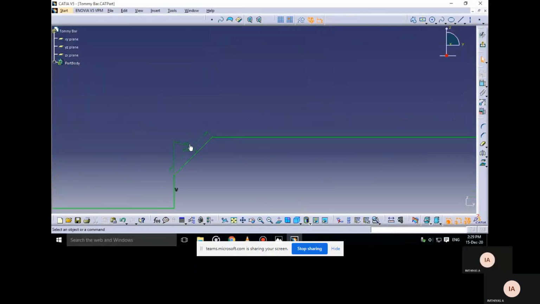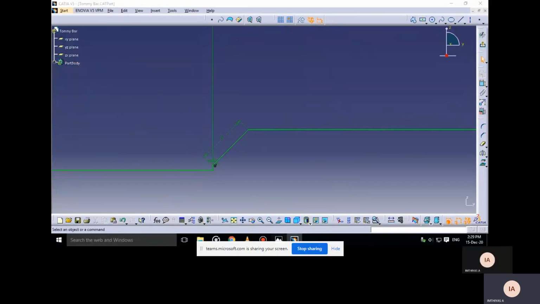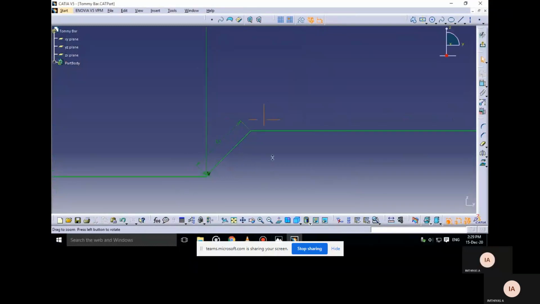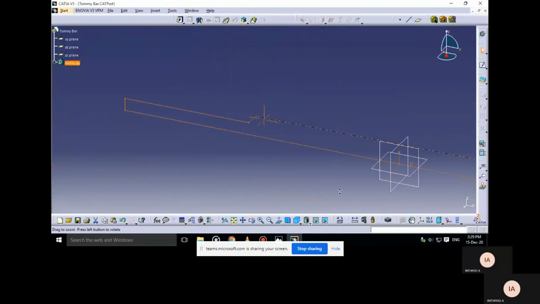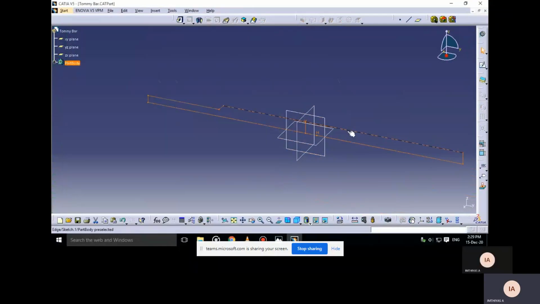So there we are having a chamfer with a length of 5 mm and the angle is 45. The angle is 45.